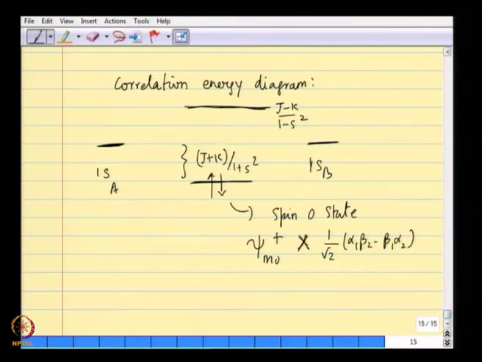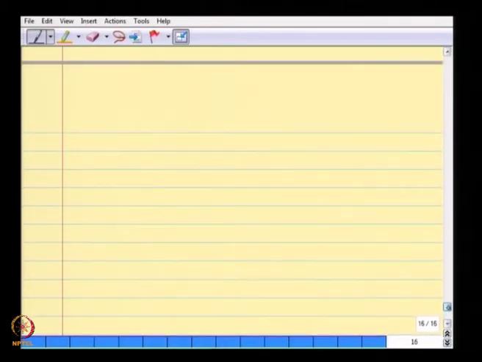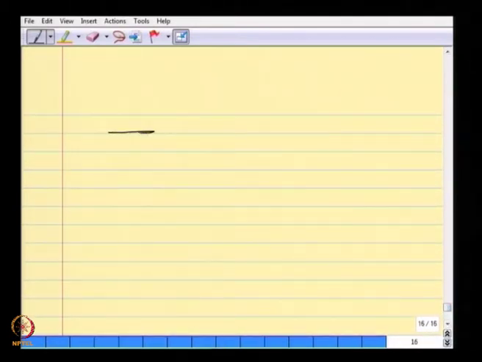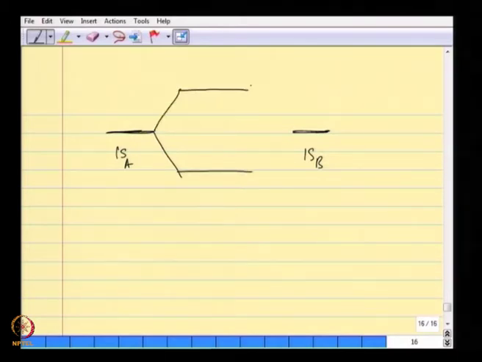If on the other hand you have the two electrons excited, then what you have is the two 1s orbitals, 1s A and 1s B, and the lower state and the upper state. If we do that here and connect that, these states originate from these two 1s wave functions, and that is the connection, and this state also originates from these two 1s, and that is a connection.